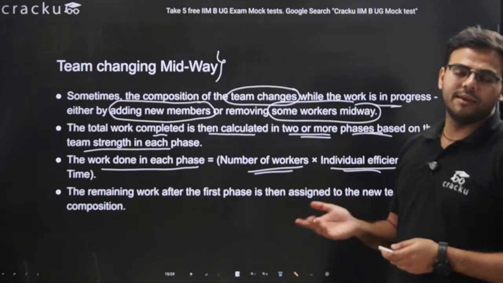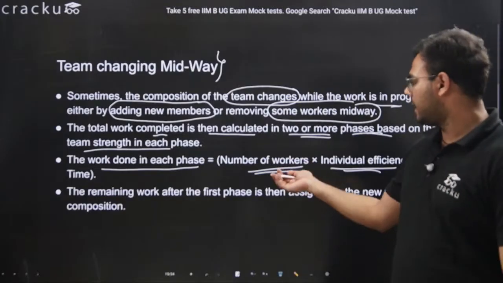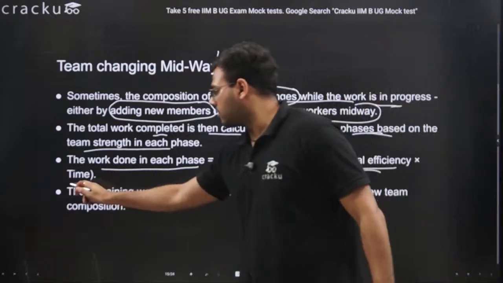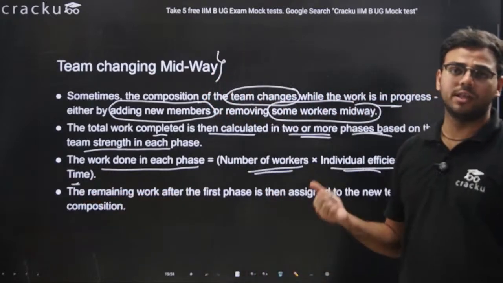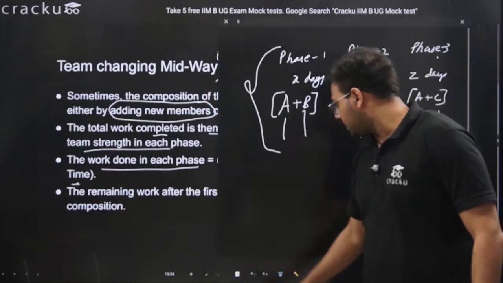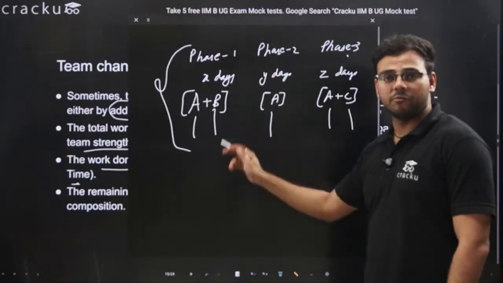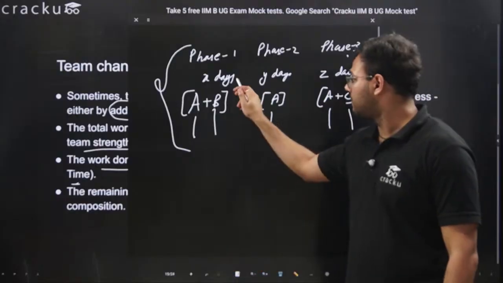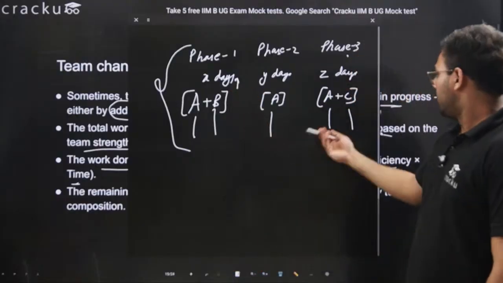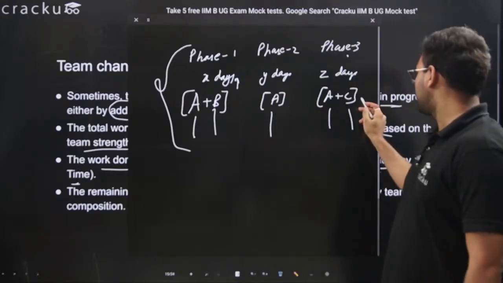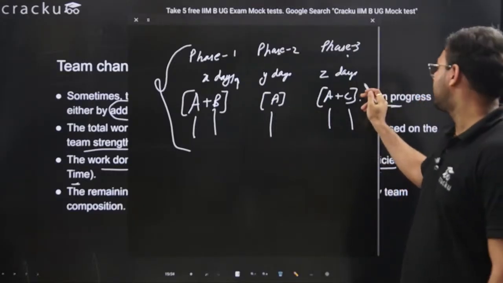If the efficiency of each person was the same, we could directly multiply the number of workers by the efficiency and the time. So in phase 1, A and B are working: add their efficiencies and multiply by the time taken, X days. Similarly, phase 2 is the efficiency of A multiplied by the time taken, and phase 3 is the efficiency of A and C multiplied by the time taken.